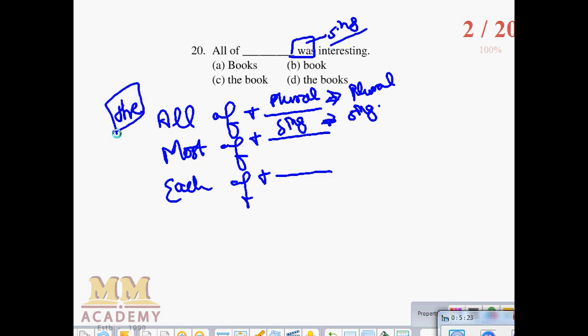So all of books, book, the book, and the books. We need a singular subject, and the singular subject is the book, not book, because we need a definite article. So all of the book was interesting is your right answer, C.